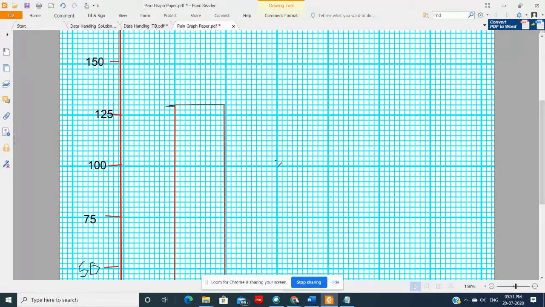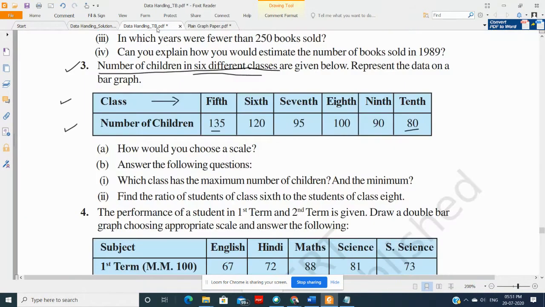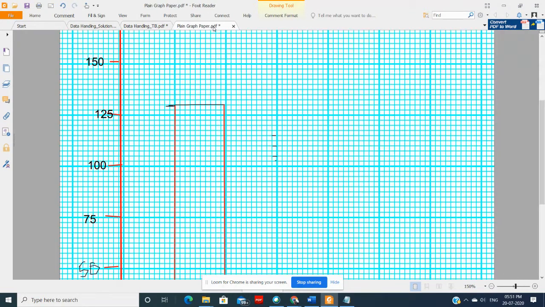Okay. So 100, 105, 110, 120. In 6th class, it is 120. So here I would draw my line. See why I'm taking 2.5? Because one small box is 2.5.